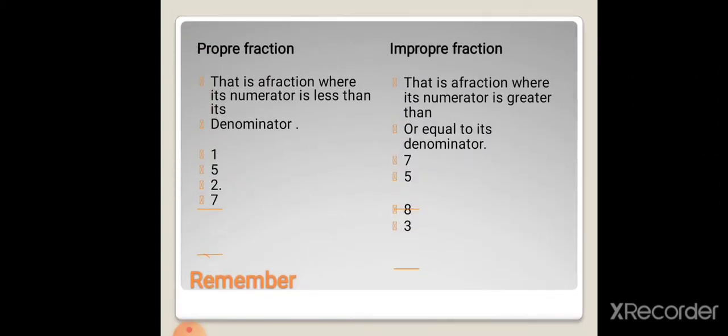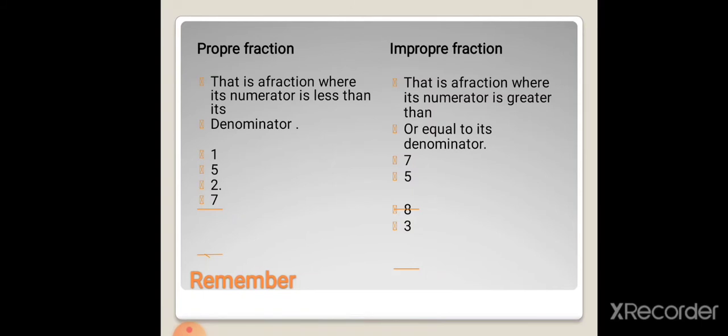Let's remember together at the beginning what is a proper fraction and what is an improper fraction. A proper fraction is a fraction where its numerator is less than its denominator. Who can give me an example? Yes, Khalid. 1/5. Sure, right. What else? Okay, Yasin. 2/7.